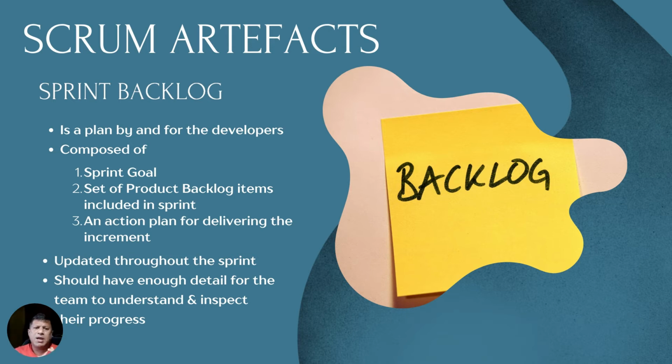It's kind of a live artifact. Based on the changes coming through, the sprint backlog is updated throughout the sprint, depending on the quantum of change that is coming through and the level of detail. Sprint backlog should not be a comprehensive document, correct?